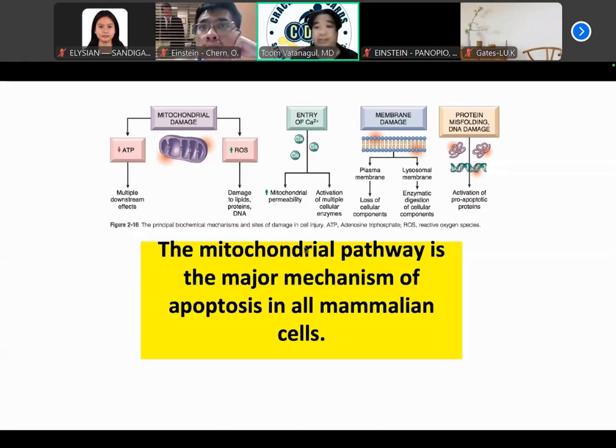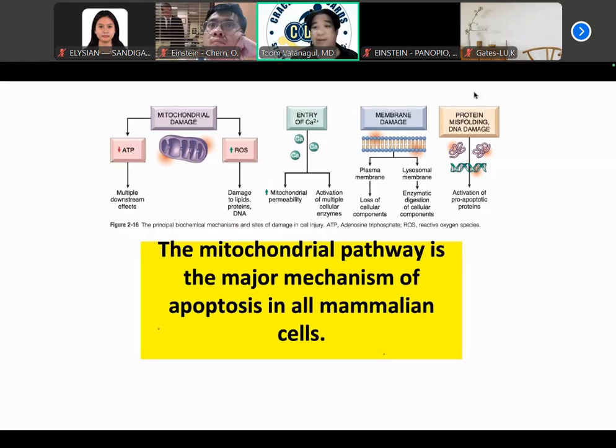Okay, so it is the mitochondrial pathway. Okay, the mitochondrial pathway. So please take note of that. Okay, so this is that mitochondrial pathway. So I want everyone to remember that.